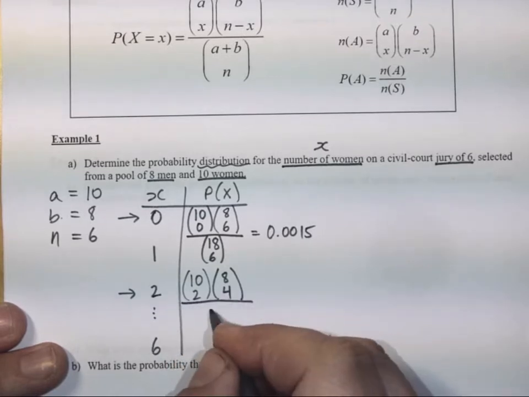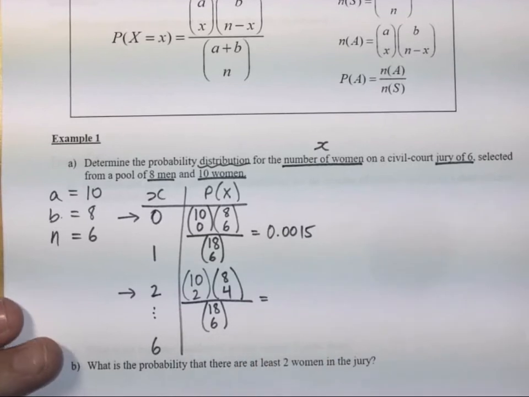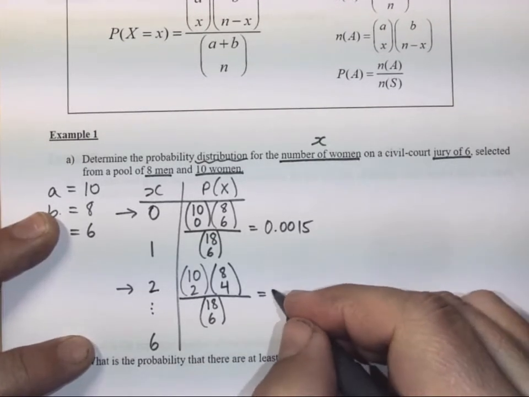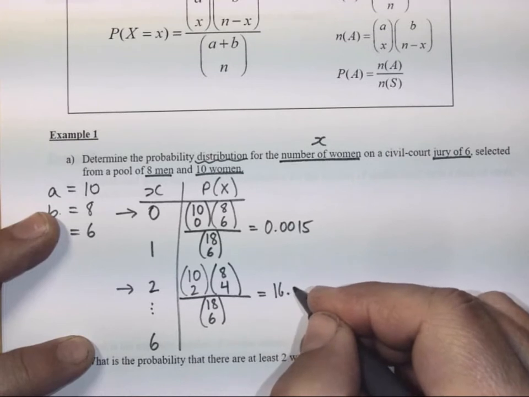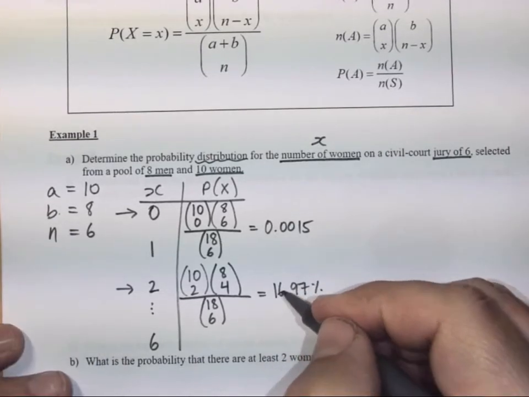Divided by 18 choose 6. That gives us our answer. 10 choose 2, times 8 choose 4, divided by 18 choose 6, gives me a 16.97% chance, or 0.1697.